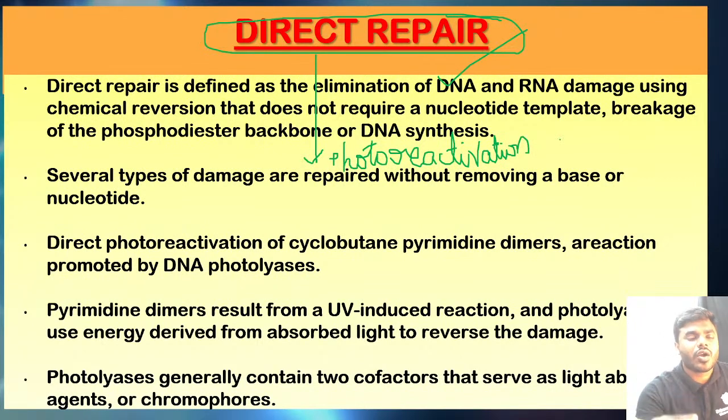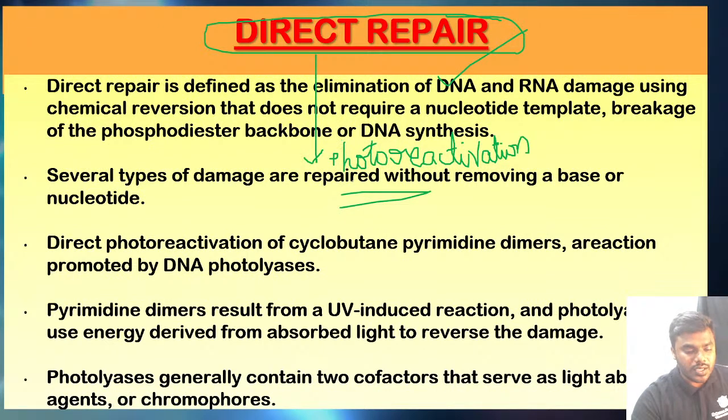The reason we call it photoreactivation, friends, just listen to me carefully. Whatever damage is caused by the UV light, that damage we repair, we reactivate, by using visible light.